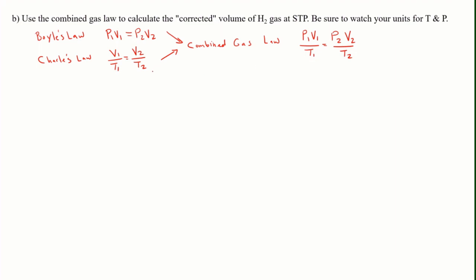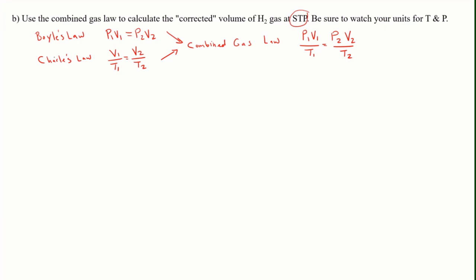Okay, so now that we have the combined gas law, we have two situations here: situation 1 and situation 2. So we need to decide which situation will be for experimental and which one will be for STP, standard temperature and pressure. It doesn't matter which one it is, you could randomly choose.